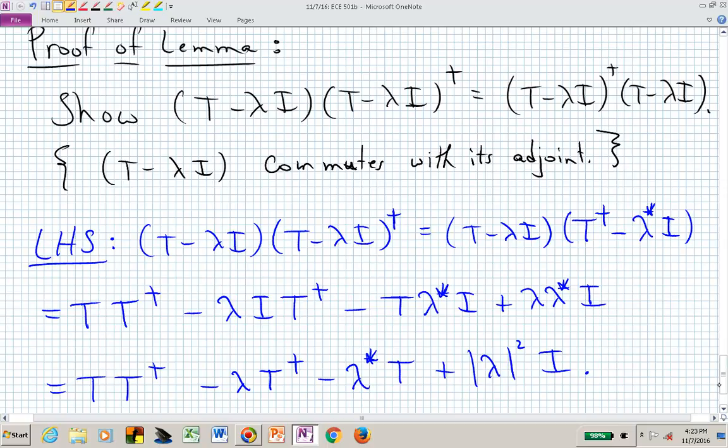Let's now look at the right-hand side, which is T minus lambda I dagger times T minus lambda I, and hope that it gives us the exact same expression that we just derived.